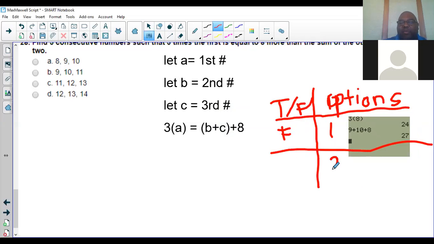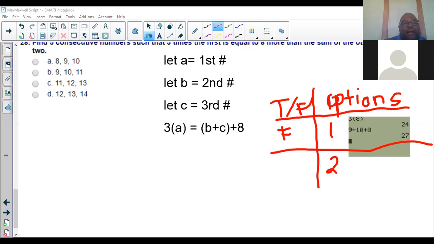Now we're going to check option 2. Really what I'm doing is a method that's really old, called guess and check. The calculator is really cool because it saves me some time. I don't have to retype anything, I just highlight what I typed before. Now I'm going to take 3 times 9, that's 27.